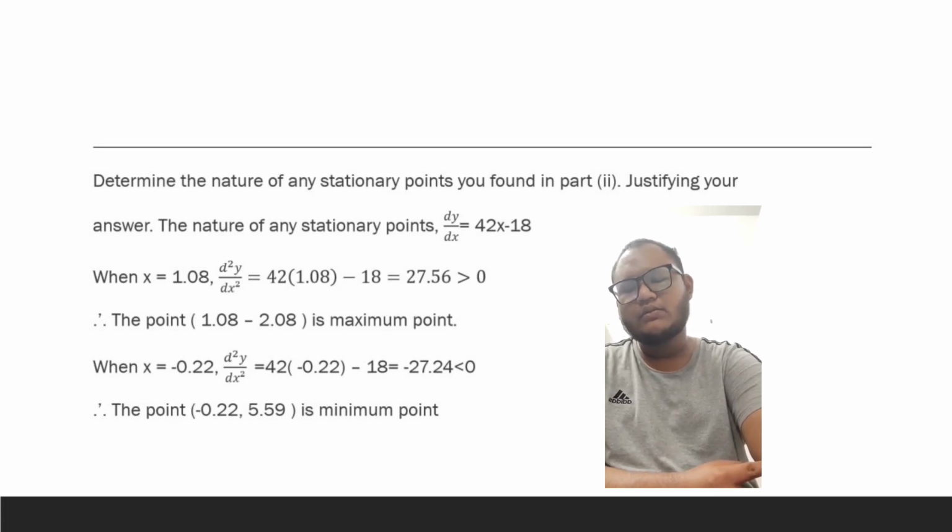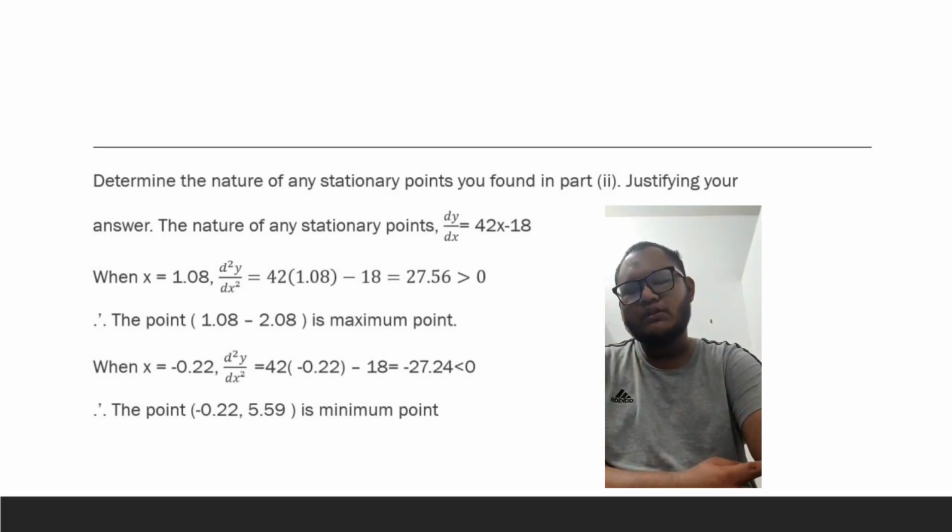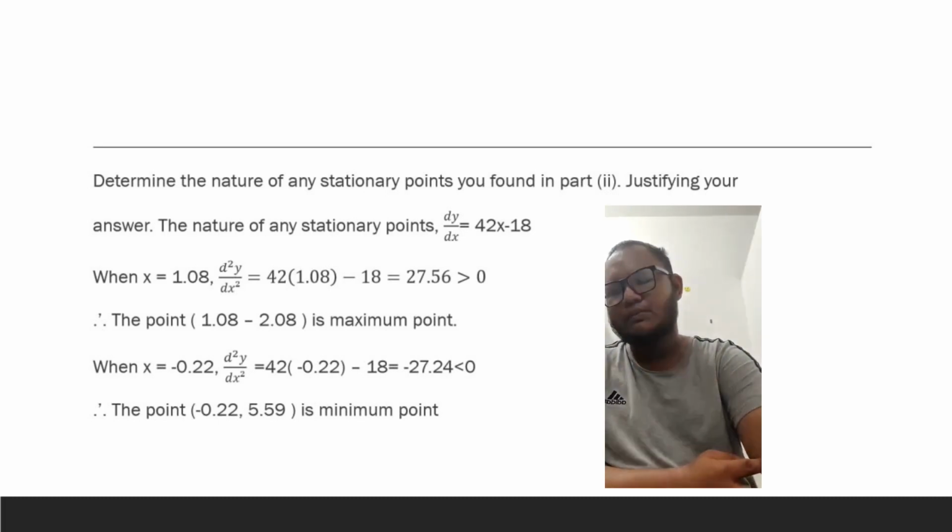When x equal 1.08, d power 2y per dx power 2 equal 42 times 1.08 minus 18 equal 27.36, more than 0, and therefore the point 1.08, 2.08 is a maximum point.